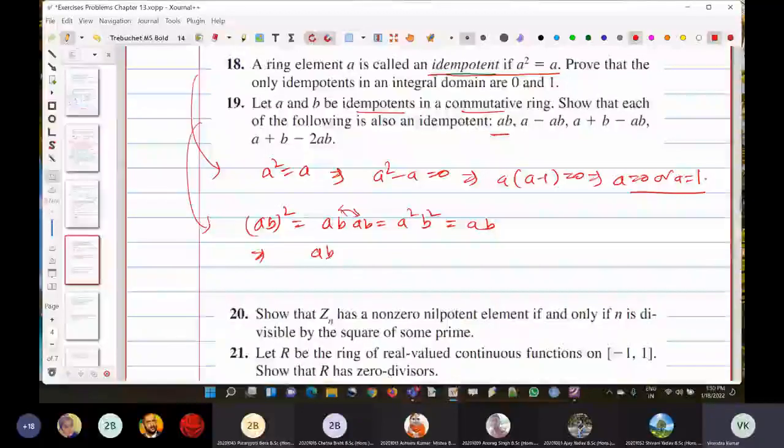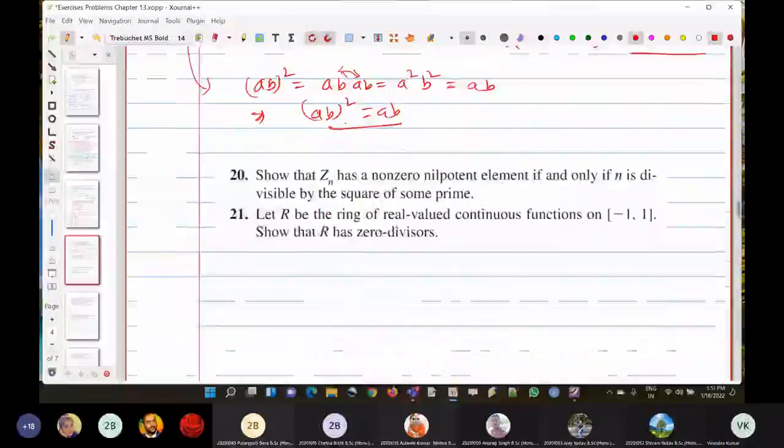So this implies that (ab) square equals ab. So ab is idempotent, and their product is idempotent. If there are two idempotent elements in a commutative ring, then their product is going to be an idempotent element. They are all idempotent elements.